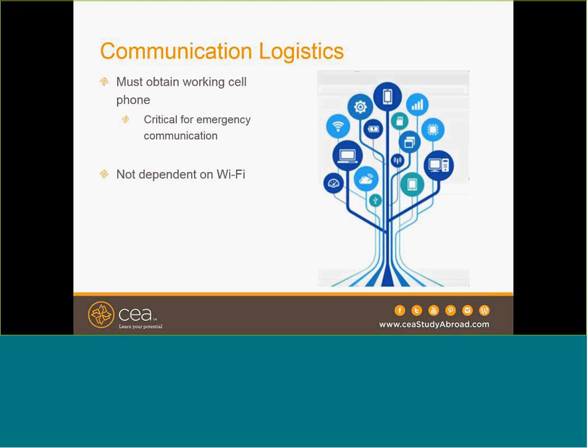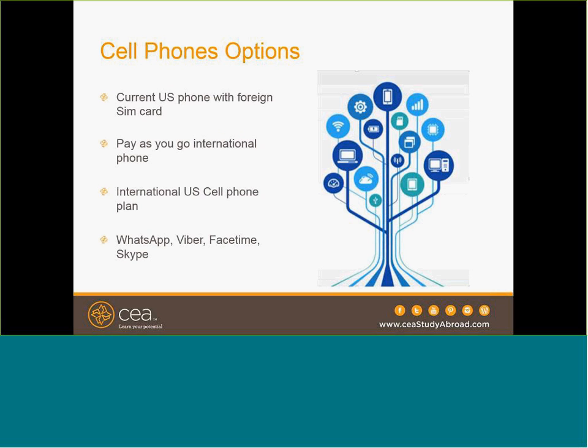It's also important to remember that while Wi-Fi is available internationally, students should not rely on Wi-Fi alone to communicate. We'll review several options that you and your student have for obtaining a cell phone while they are abroad. One is to use their current U.S. cell phone with a foreign SIM card.